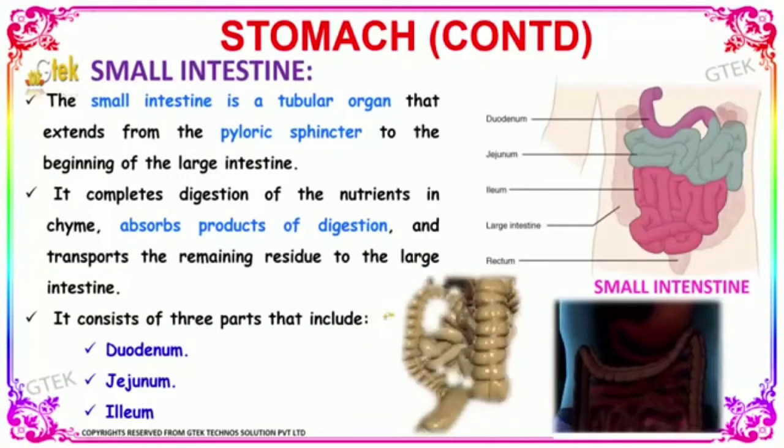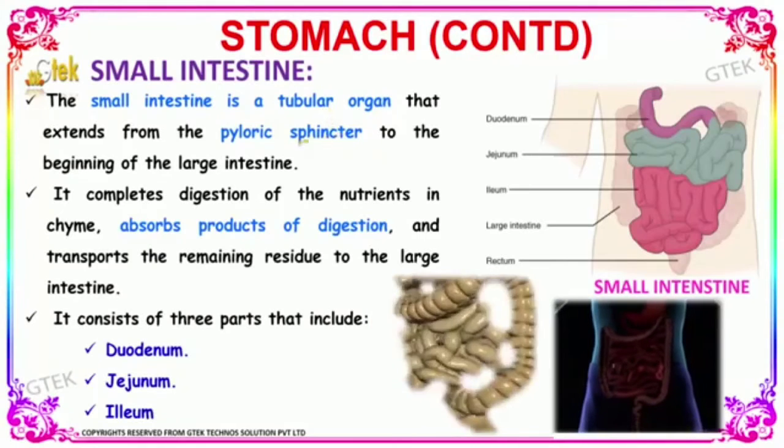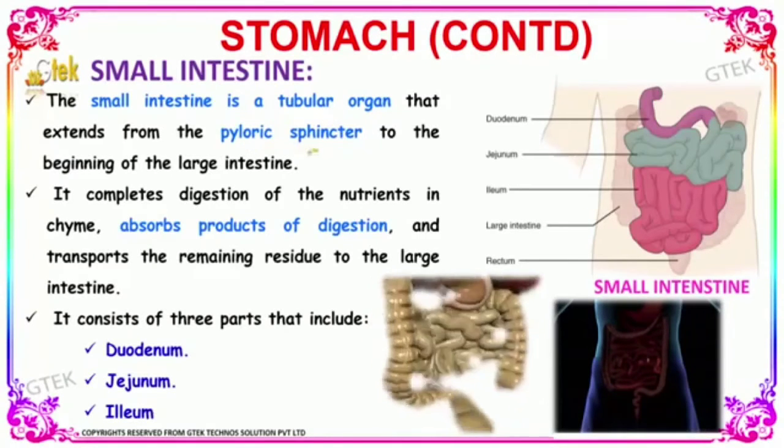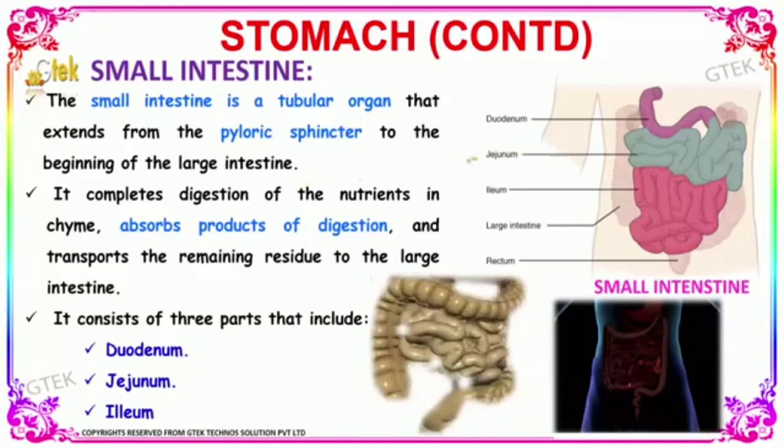Next we are going to see about the small intestine. The small intestine is a tubular organ that extends from the pyloric sphincter to the beginning of the large intestine.